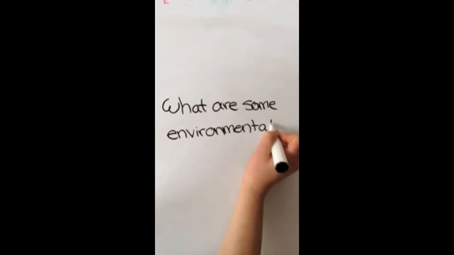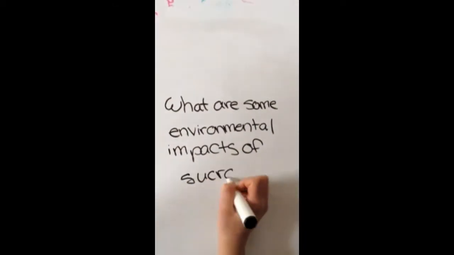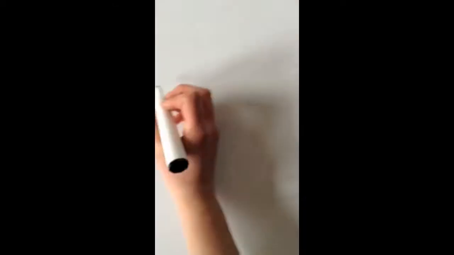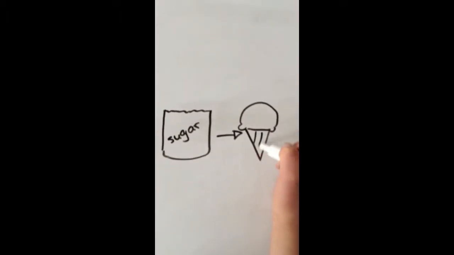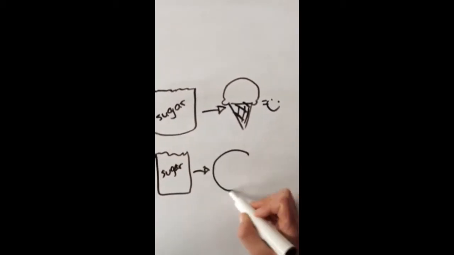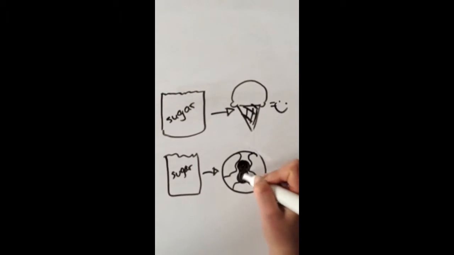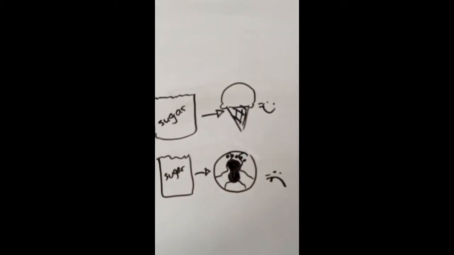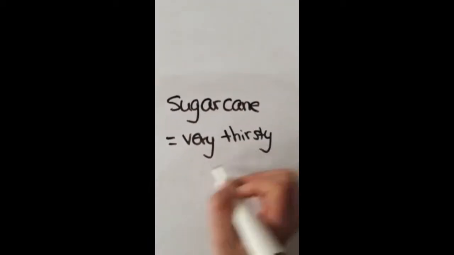What are some of the environmental impacts of sucrose? While sucrose is a very popular and useful substance to people, it has several negative effects on the environment. Firstly, sugarcane is a very water-intensive crop.